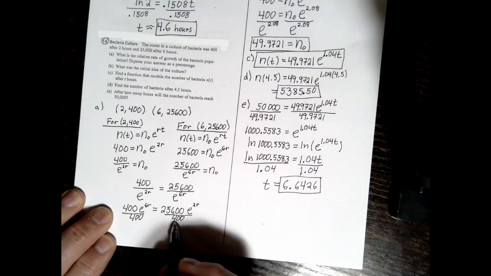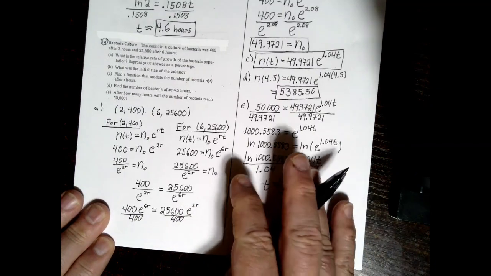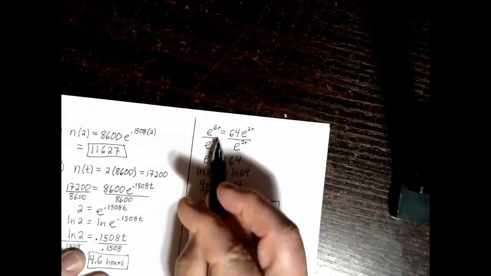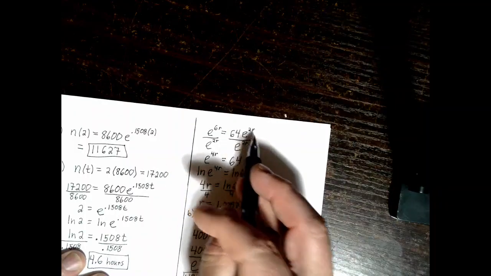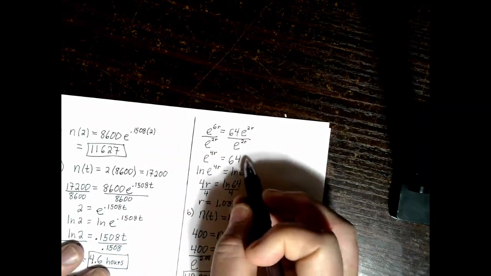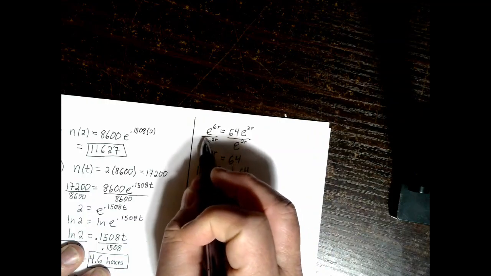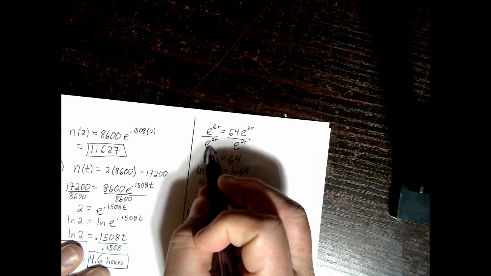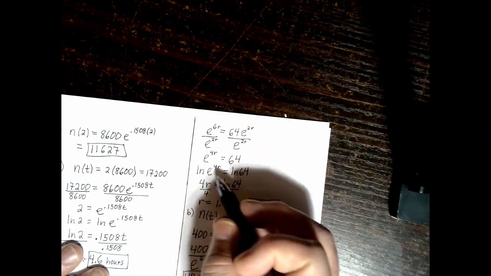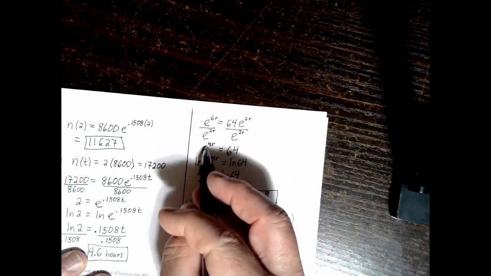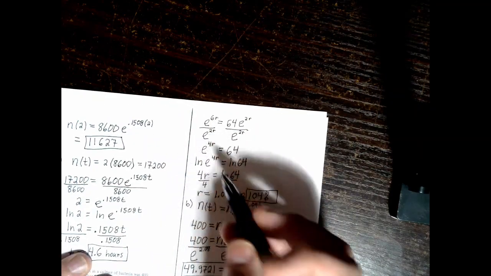And then divide by 400, and you get e to the 6r equals 64 e to the 2r. And you can actually divide by e to the 2r, because that's just like x to the 6th over x to the 2. You subtract your exponents. So 6r minus 2r is e to the 4r.